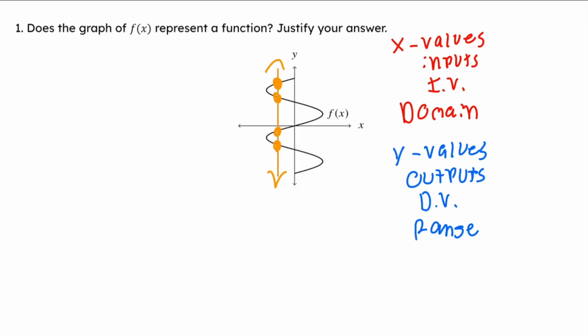This is not a function because every input needs to have exactly one output. Therefore, f of x is not a function because there are elements of the domain that produce more than one element of the range. That's the justification part of your answer.